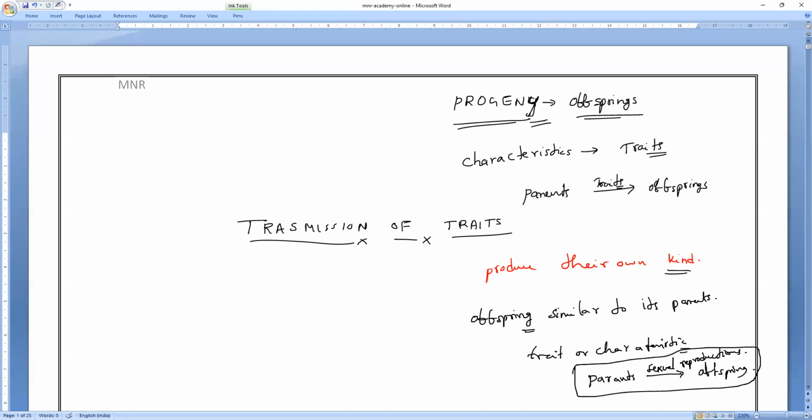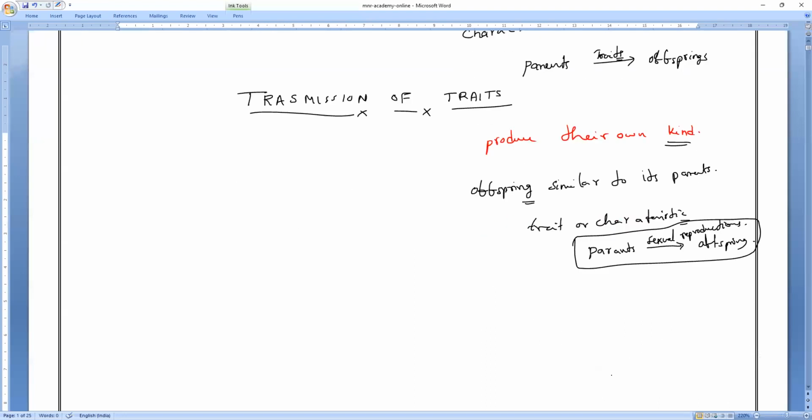These traits are transferred from parents to the offsprings through sexual reproduction with the help of genes, which are located on their chromosomes. These chromosomes are present inside the nucleus of the cell.